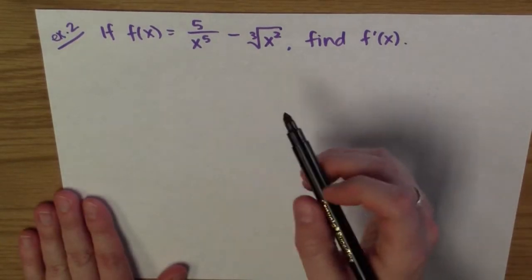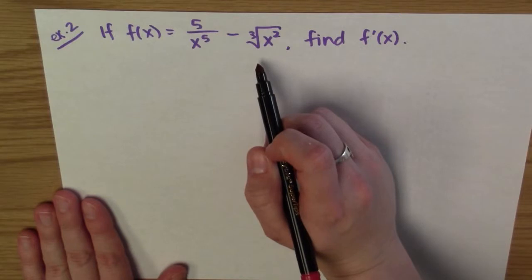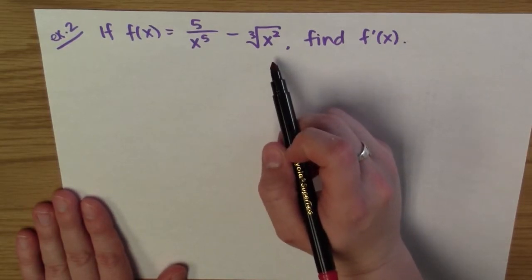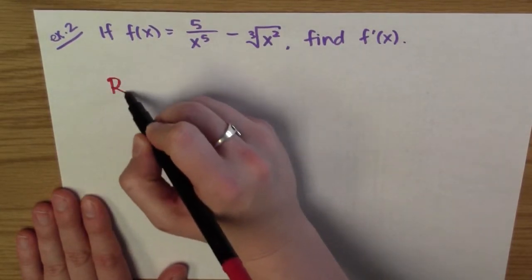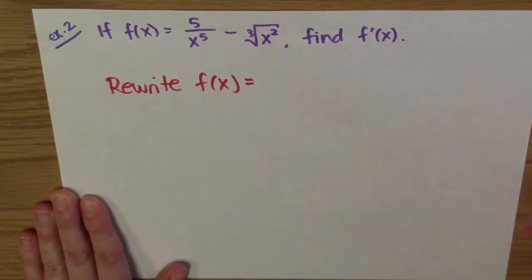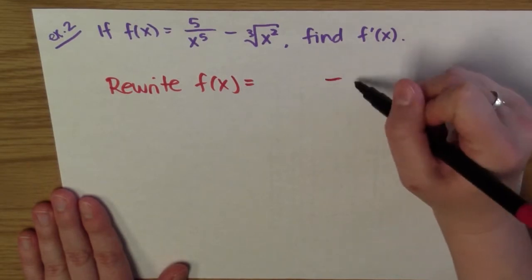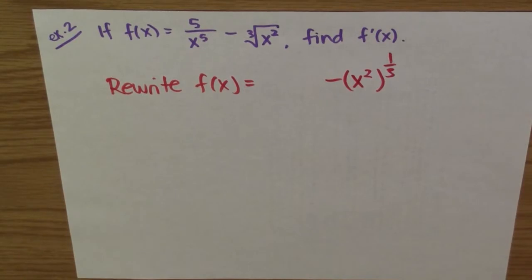The first thing I remember is that I just dealt with a fourth root in the previous problem, and the third root works just the same, except I have x squared here, so we'll have to be a little careful how we deal with that one. So I rewrite my function f of x equals, we'll deal with this thing in a second here, but this one is x squared to the 1/3 power.